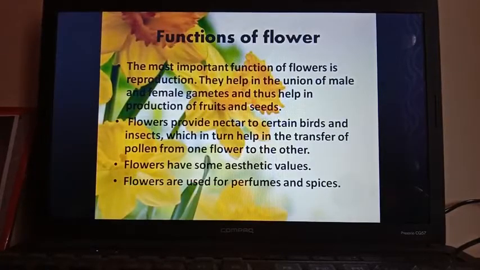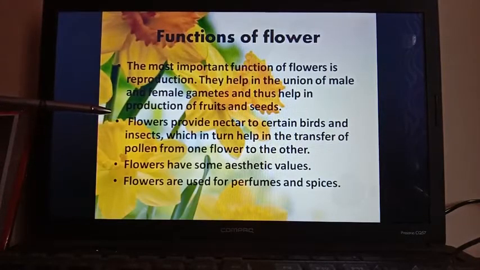Next are the functions of a flower. You know that flowers are mainly the reproductive part of the plant. They help in reproduction and in the formation of fruits and seeds. So the most important function of a flower is reproduction. They help in the union of male and female gametes, and this helps in the production of fruits and seeds.